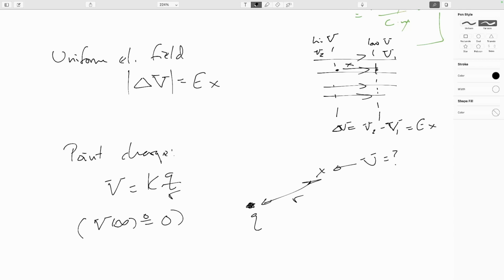Now, a lot of the utility we'll get out of this is in later videos. We'll see how we can come up with a map of voltages across space. And because voltages are just scalar numbers, it's easier math.